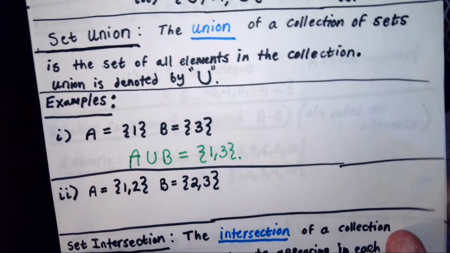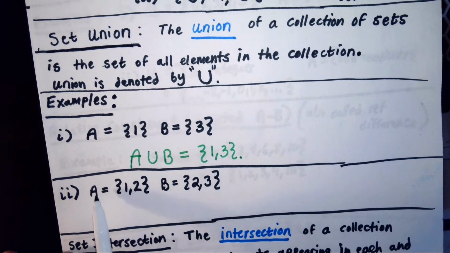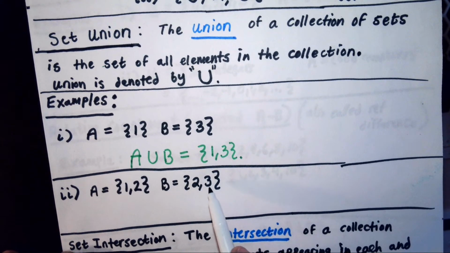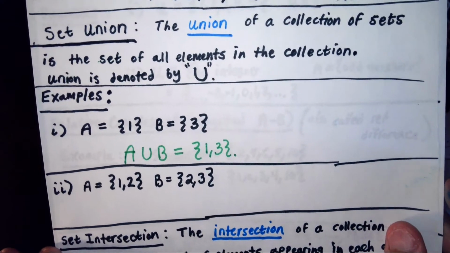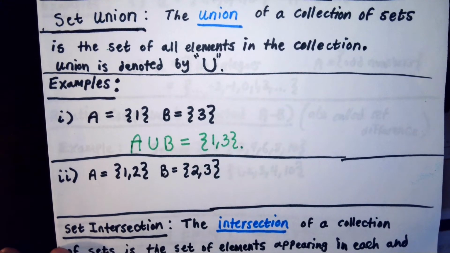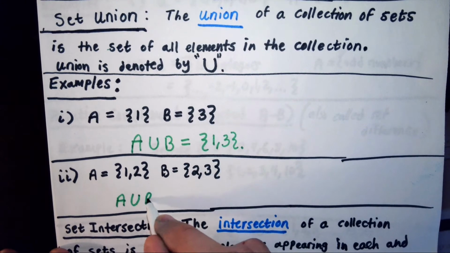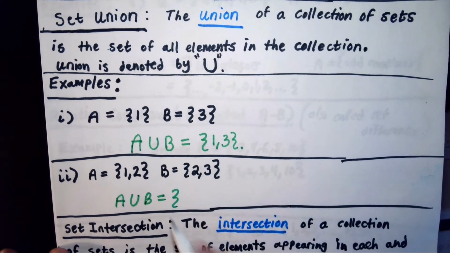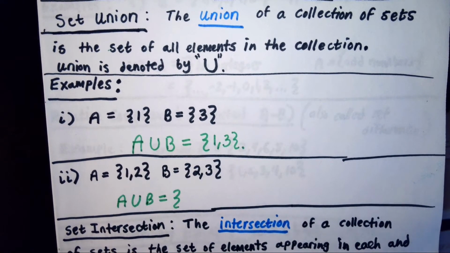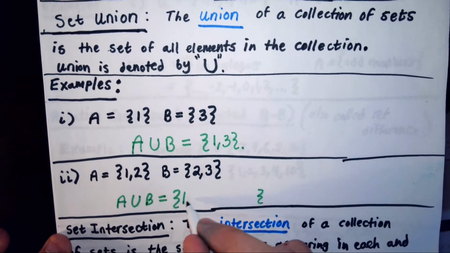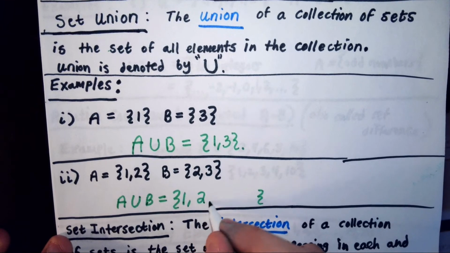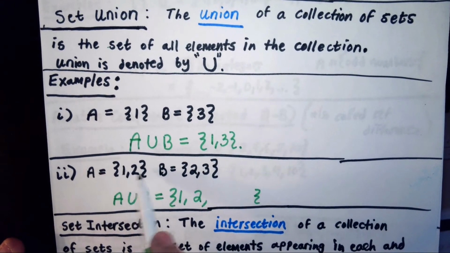Next, our second example has that A is the set {1, 2}, and B is the set containing 2 and 3. So here, when we're talking about the union, we take everything from each set and shove it into this union. In this instance, we'll write 1 because 1 appears. We'll write 2 because 2 appears. So we got 1 and 2 covered.